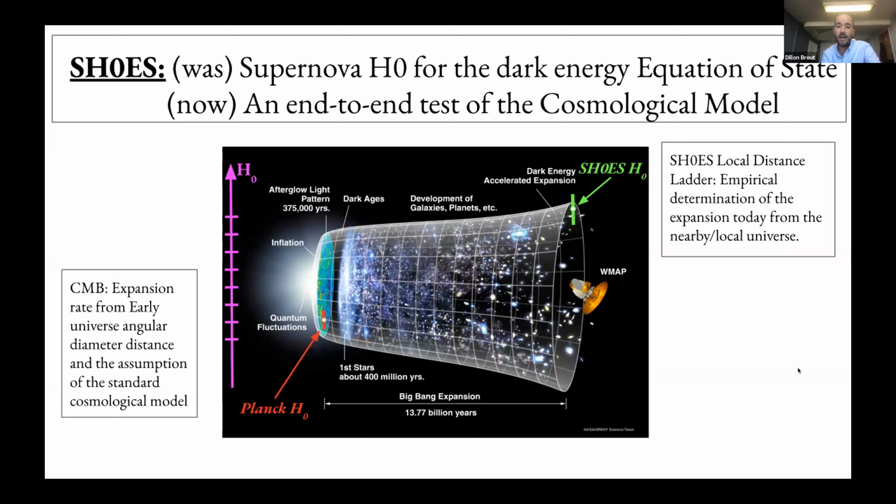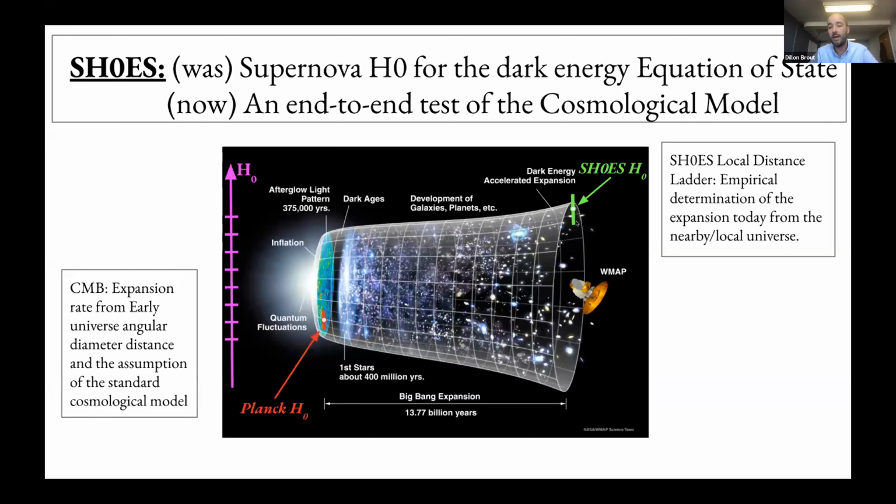If you take measurements from the very early universe, like the CMB, in this case the value obtained by Planck, you can infer the expansion rate of the universe from the angular diameter distance to the CMB. You can get a redshift of the CMB and back out what the Hubble constant, or the expansion rate of the universe, would be today under the assumption of some cosmological model, which gets you a comparison for today.